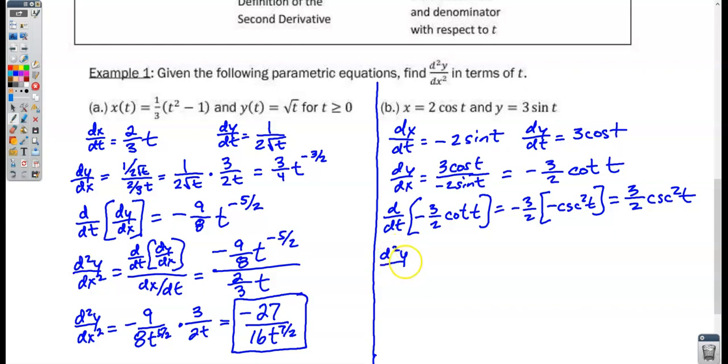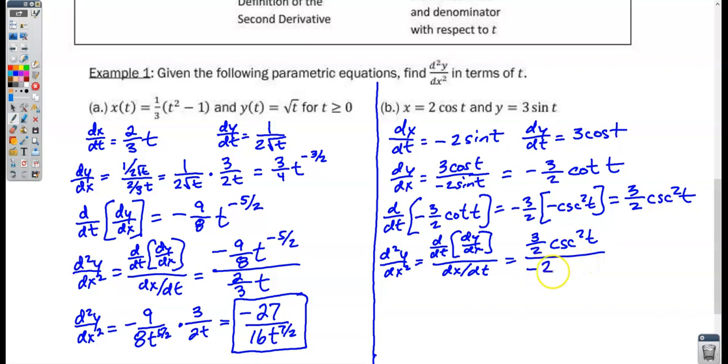So then d squared y over dx squared is going to be equal to the derivative of dy/dx, which we just found, divided by dx/dt. So it's going to be equal to 3/2 cosecant squared of t divided by negative 2 sine of t.